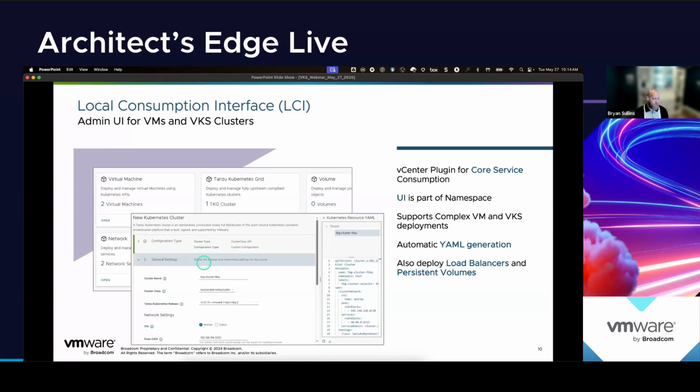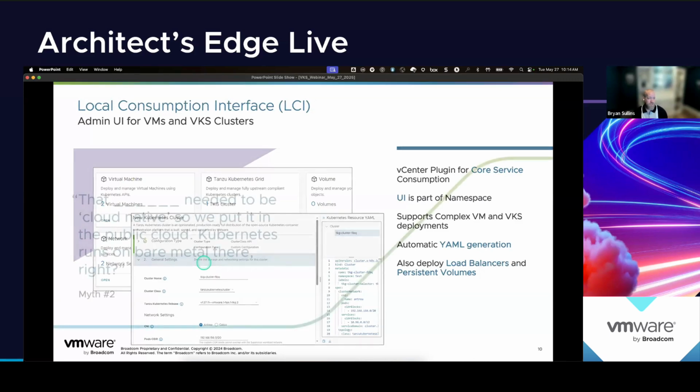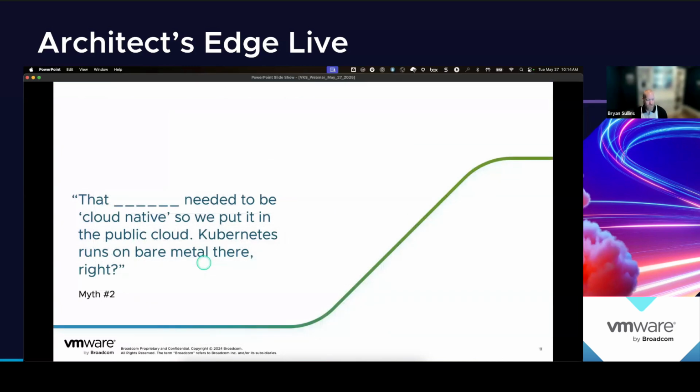And yes, you can do stuff as simple as granting our developers or platform engineers access to the kube config file so they can use kubectl to do this. It is a CNCF certified Kubernetes runtime. So with all of that in mind, getting up and running is pretty straightforward, and this can be done within an hour. Within an hour, you can actually have Kubernetes clusters out to your consumers.